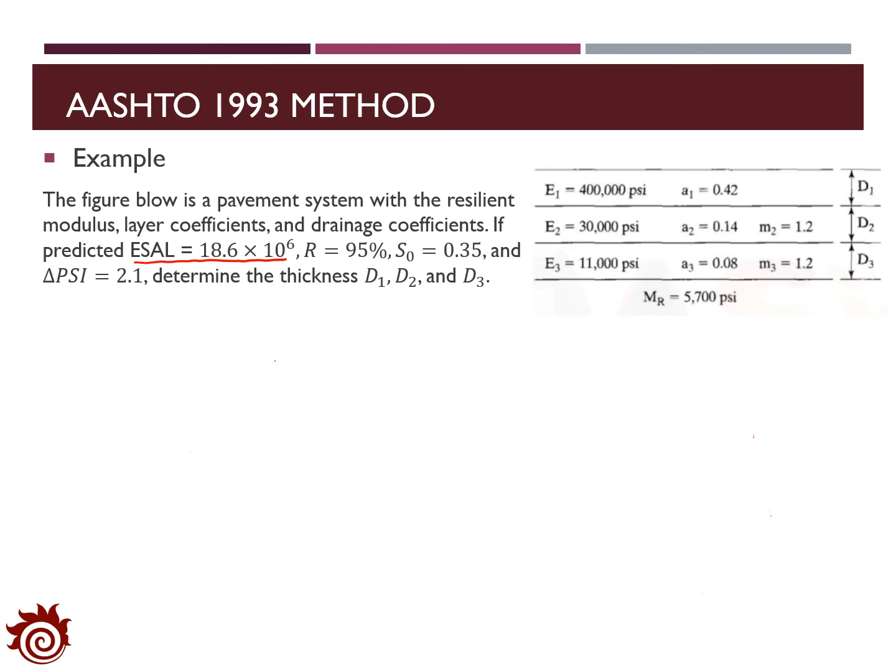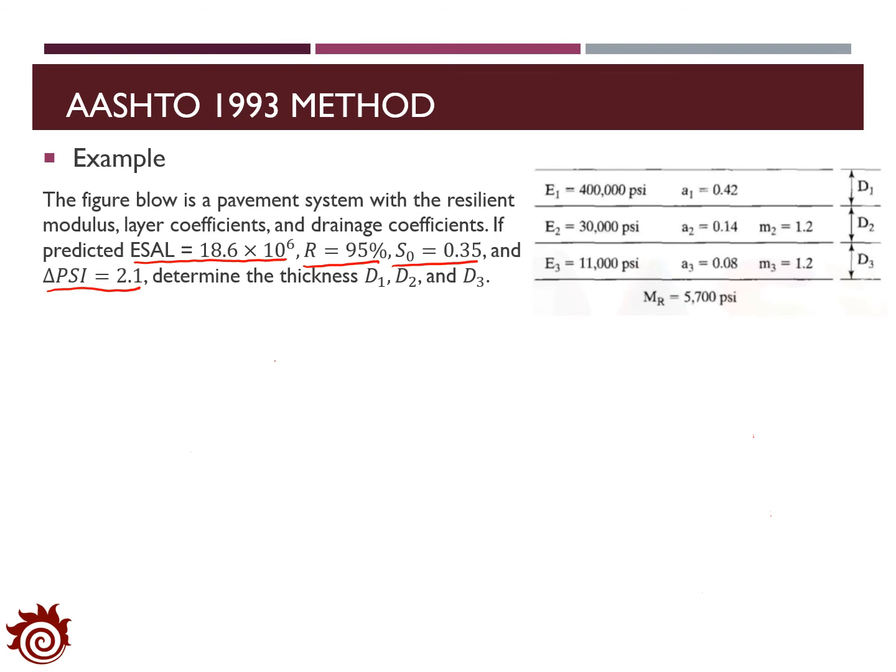The reliability is set as 95%. Standard deviation is 0.35, and the serviceability loss is set as 2.1. We want to find out the thickness of the 3 layers, D1, D2, and D3. In order to solve this problem, we first need to identify the values of the structural number for all the 3 layers.